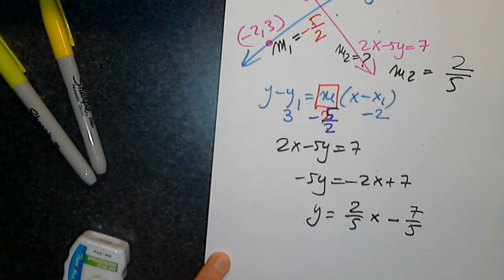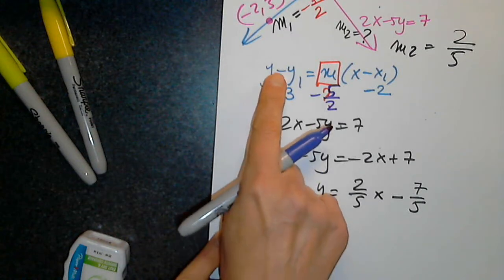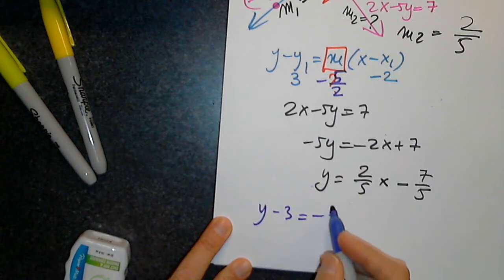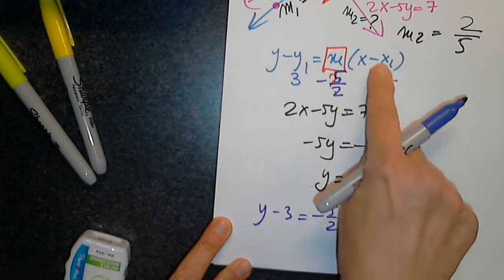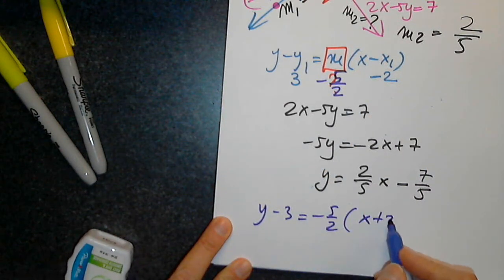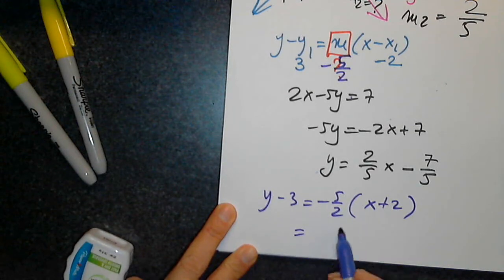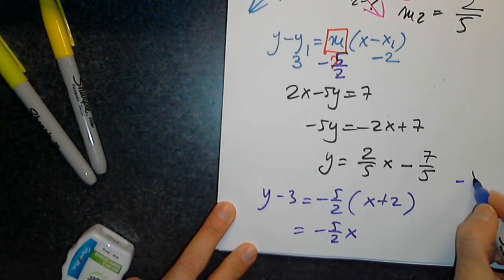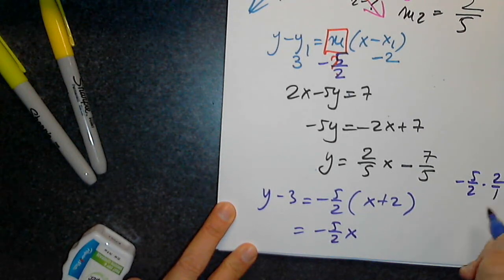Now slowly plug in everything. Y minus 3 equals negative 5/2 times x, careful here, plus 2. I distribute negative 5/2 x. Now take this aside if it's not clear. Negative 5 over 2 times 2 over 1. Always simplify first.